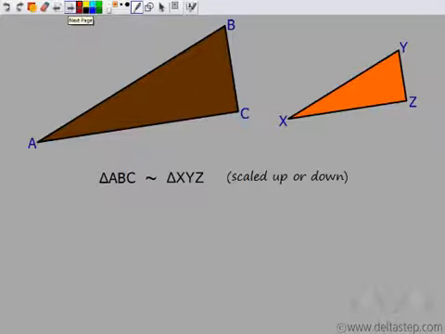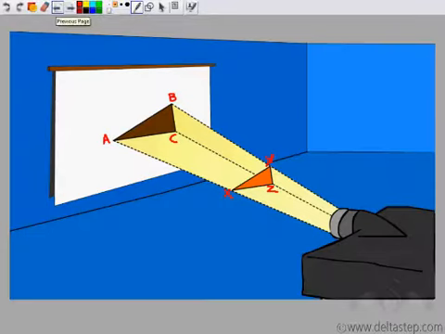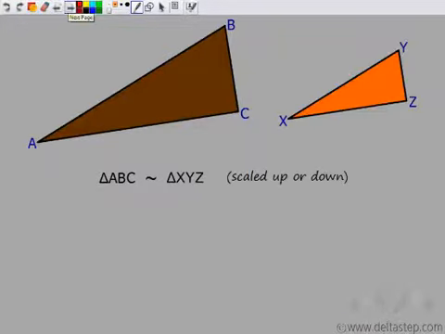How do I write it? Note that vertex X corresponds to A, Y corresponds to B, and Z corresponds to C. So A corresponds to X, B corresponds to Y, and C corresponds to Z. So I can say that triangle ABC is similar to triangle XYZ.